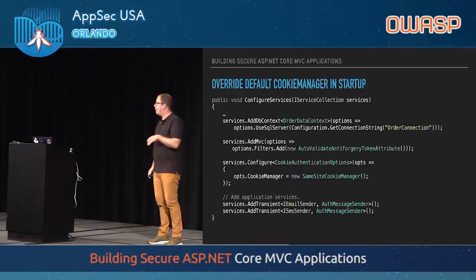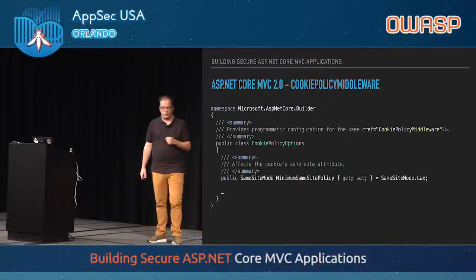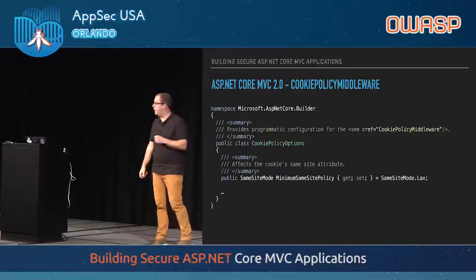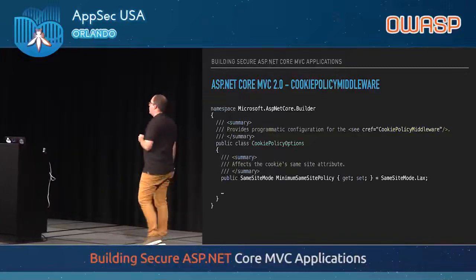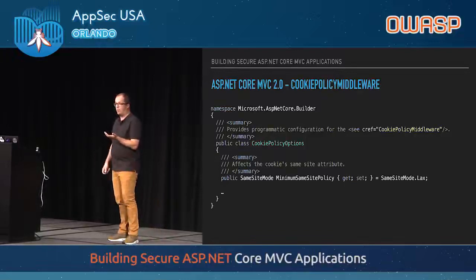When I was working on this, I thought, okay, it's probably something that they can change. And that's exactly what they did with MVC Core 2, which was released a couple of weeks ago. They've fully rewritten the cookie handling, or at least they introduced something called cookie policy middleware that allows you to have more control over the way that the cookies are rendered.